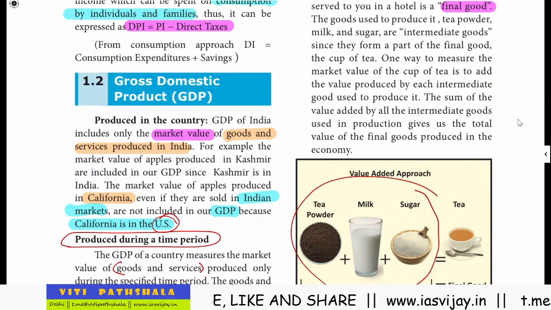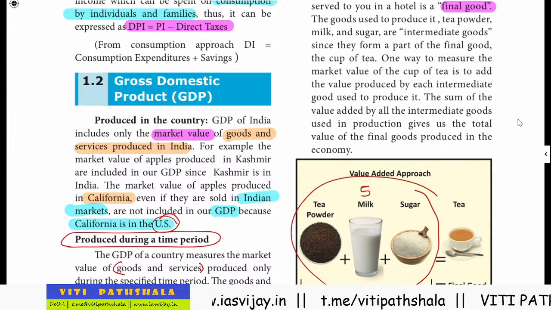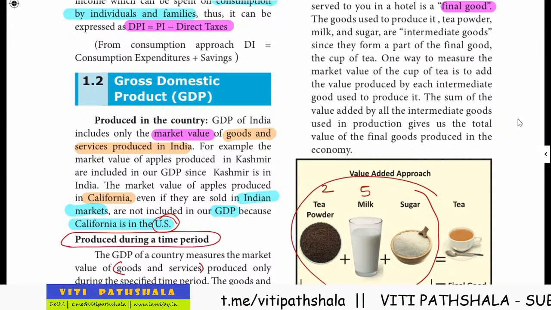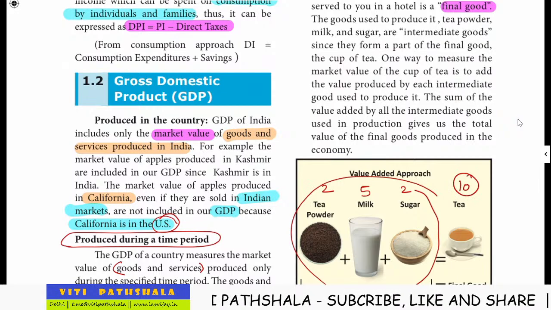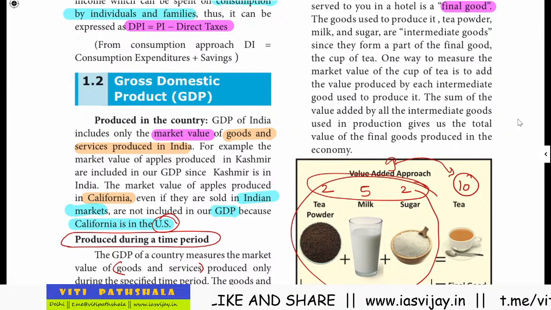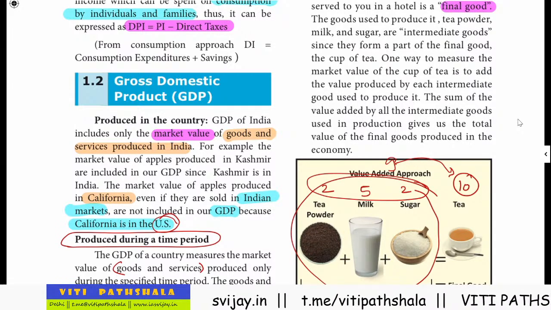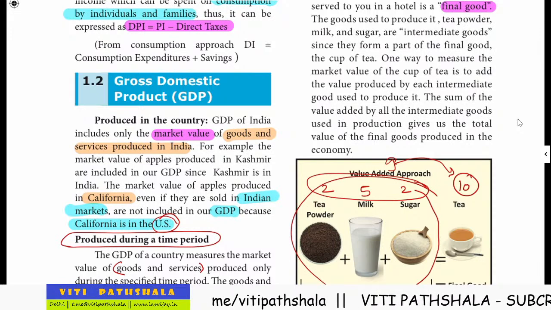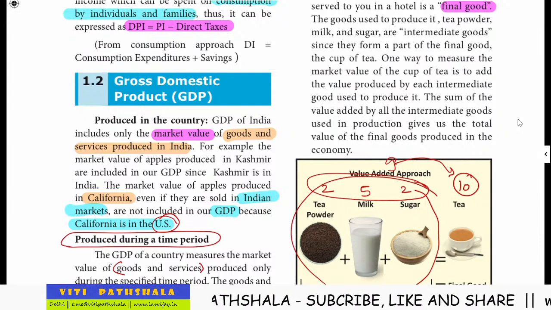For example, the milk costs you 5 rupees, tea powder 2 rupees, and the sugar 2 rupees, and the cup is 10 rupees. So these 9 rupees are there in this 10 rupees. And the 1 rupee is taken by the person who is doing the labor, who is producing this tea.